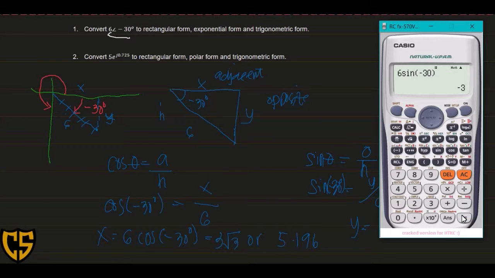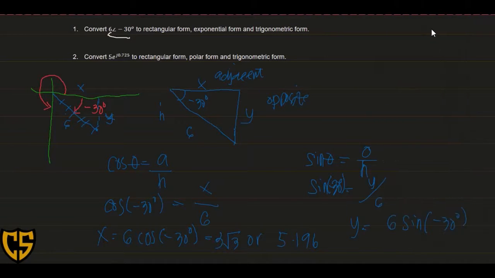So this will be equal to negative 3. So atong answer dere sa atong value dere sa atong y is negative 3. So kabalo na ta sang value sa atong x kag y.